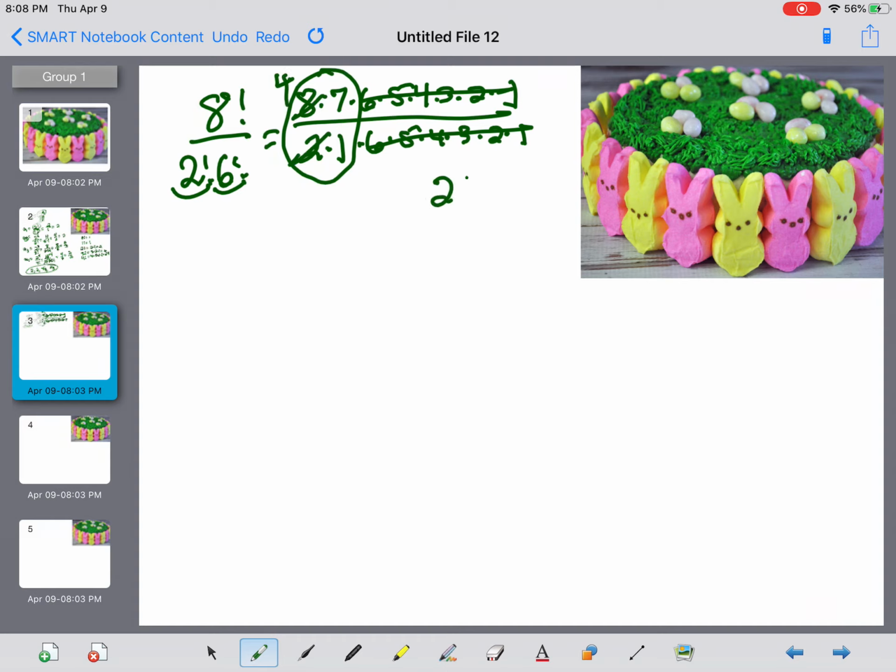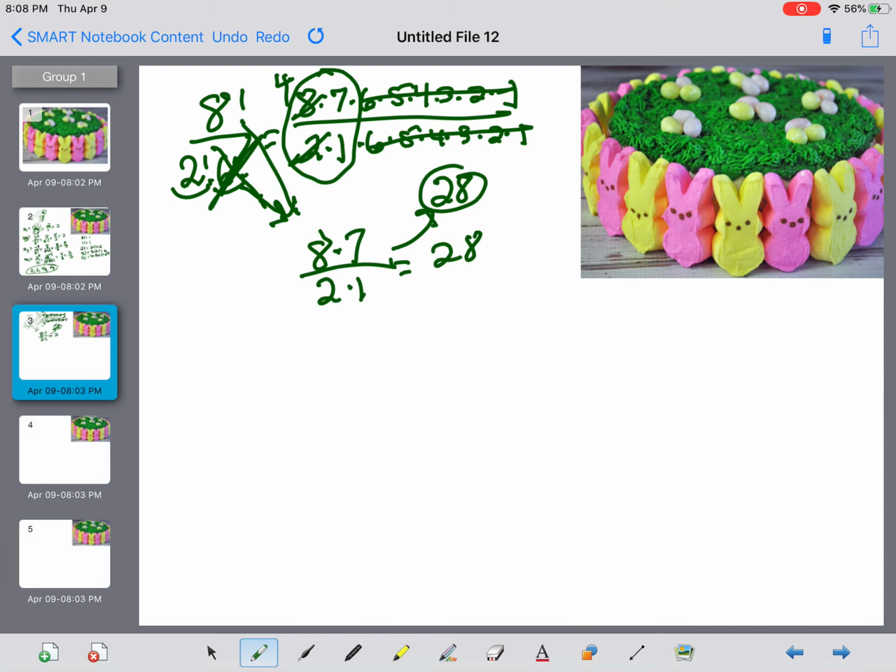And then I'll reduce. 2 goes into 8 4 times, and so my answer is 28. In the future, though, I won't write it out that way. I'll probably think of it this way. 8 factorial is 8 times 7, and 6, 5, 4, 3, 2, 1 cancels out, over 2, 1, and 56 over 2 is 28.